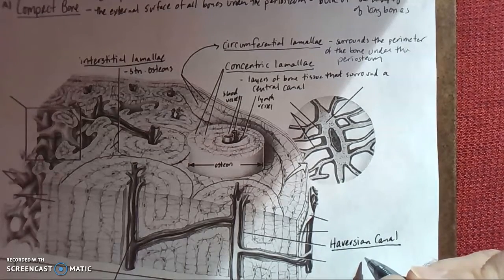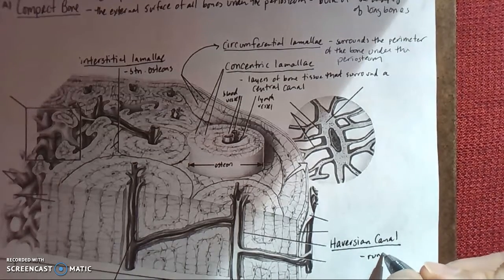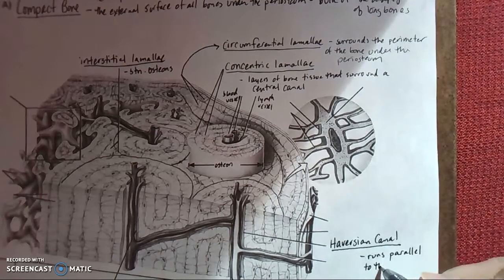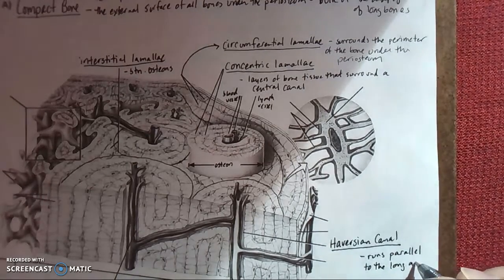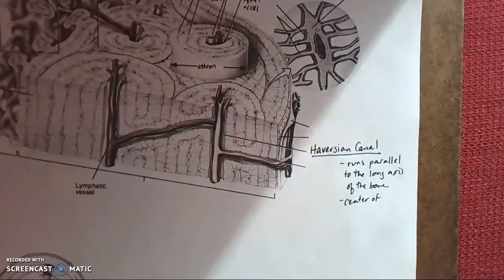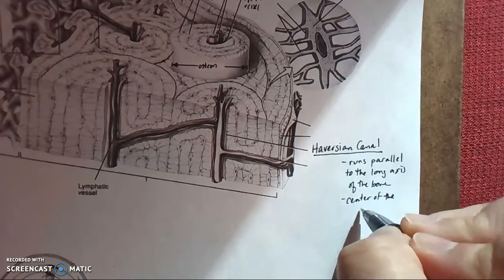And the Haversian canal runs parallel to the long axis of the bone. So it's the center of the osteon.